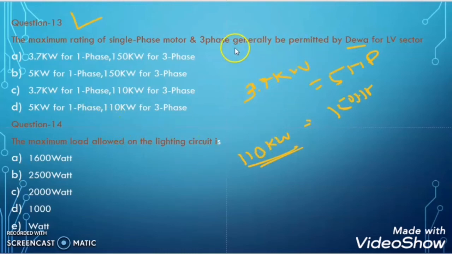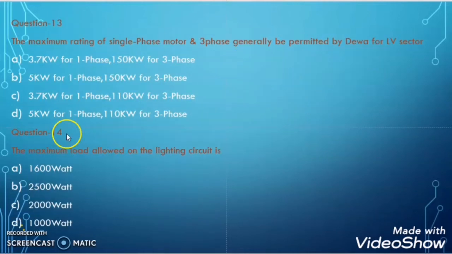But generally, DEWA will permit a three phase motor of 110 kilowatt or 150 horsepower, or single phase 3.7 kilowatt or 5 horsepower.